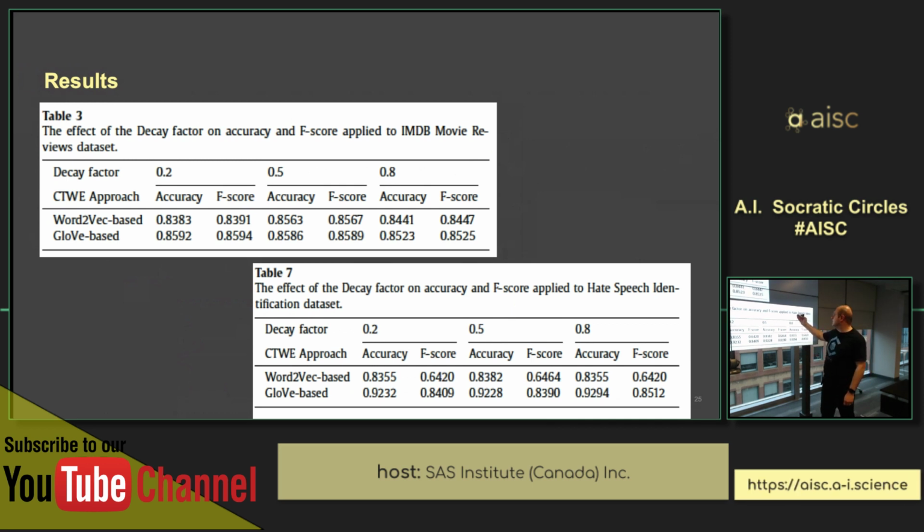And again, in the hate speech data, we can see almost the same for word2vec, and for GloVe as well, 0.5 worked better. Then it means that the regular average works better than the weighted average.